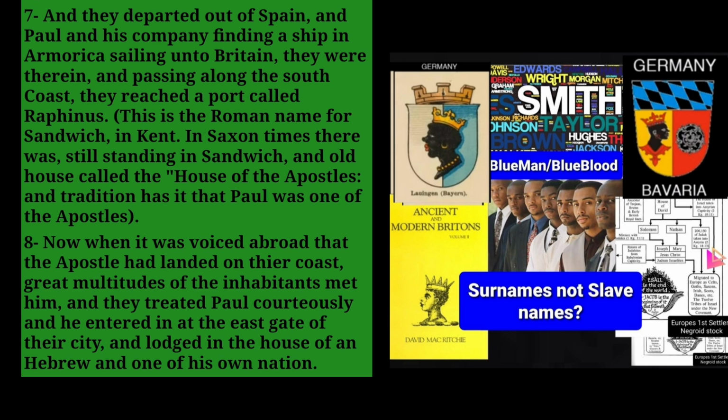Verse 8, now when it was voiced abroad that the apostle had landed on their coast, great multitudes of the inhabitants met him, and they treated Paul courteously, and he entered in at the east gate of their city, and lodged in the house of a Hebrew, and one of his own nation. Okay, key word, one of his own nation, a Hebrew.